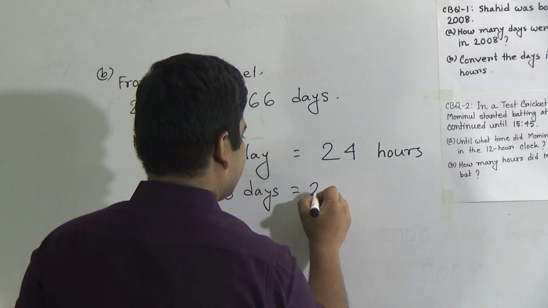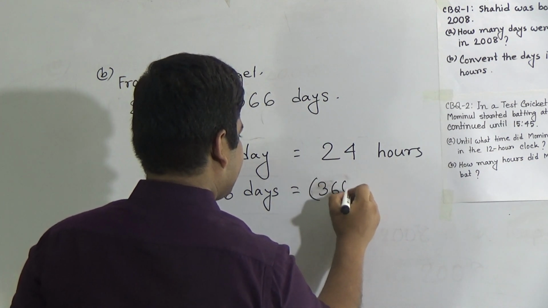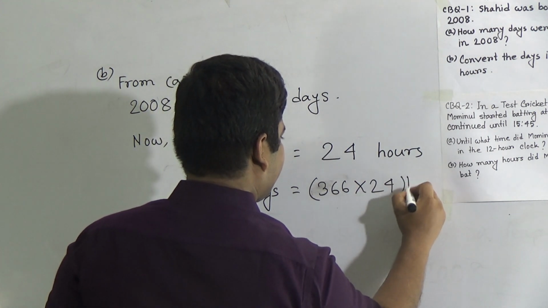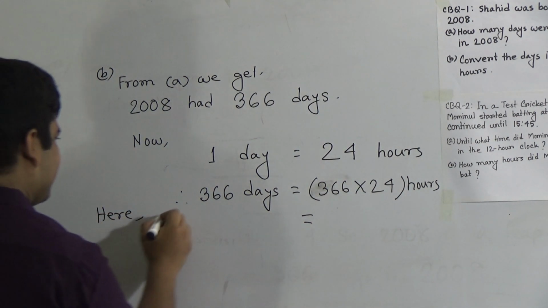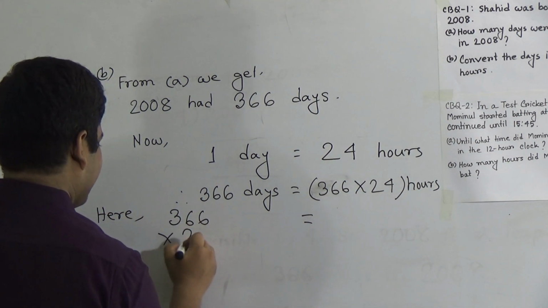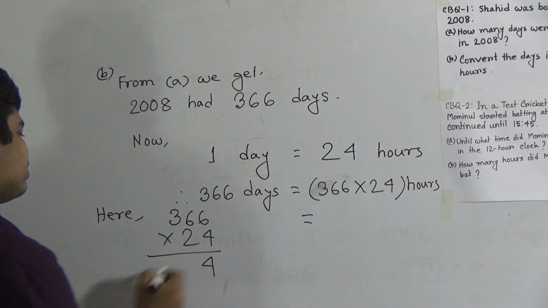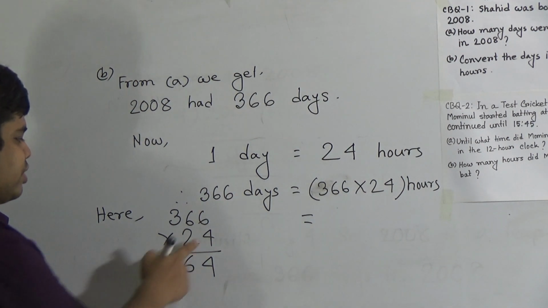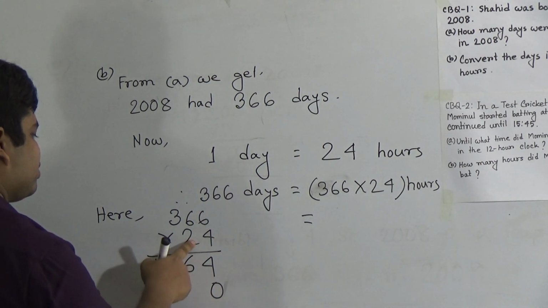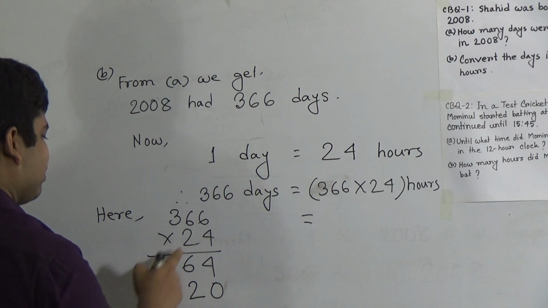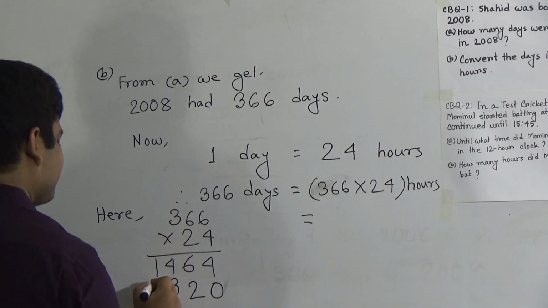We do multiplication. 366 multiplied by 24 hours. Okay, here we show the multiplication. 366 multiplied by 24. 4 6s are 24, carrying 2. 4 6s are 24 plus 2, 26, carrying 2. 3 4s are 12 plus 2, 14. Units place down, so 0. 2 6s are 12, from 12 I write 2, carrying 1. 2 6s are 12 plus 1, 13. From 13 I write 3, carrying 1. 3 2s are 6, plus 1, 7.